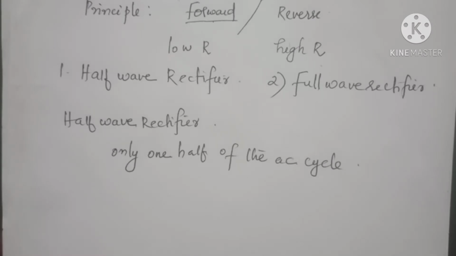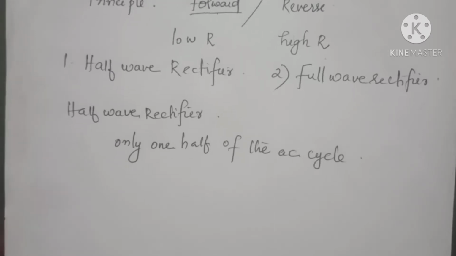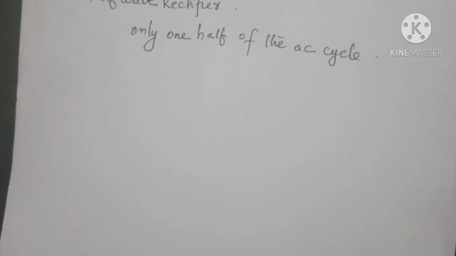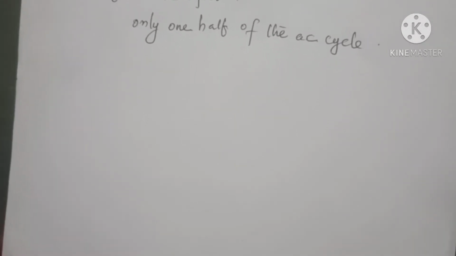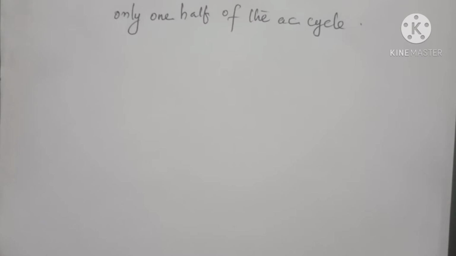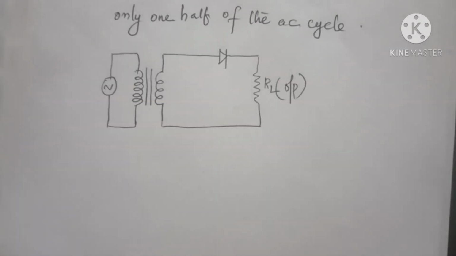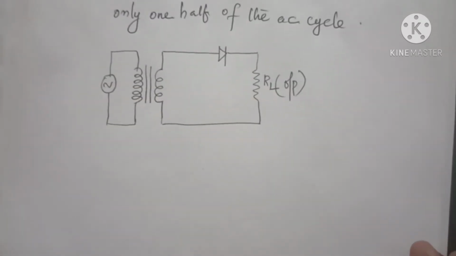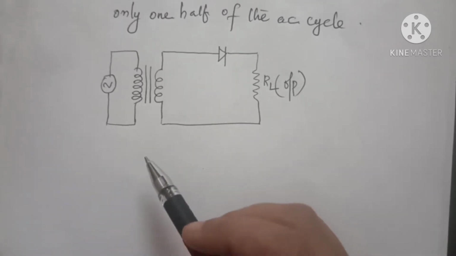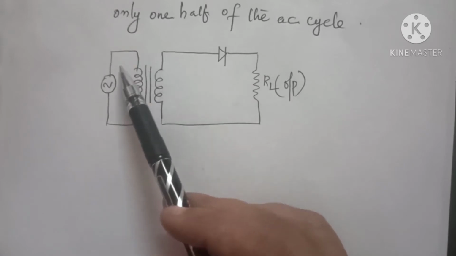Okay, so first we will discuss the circuit details with the help of circuit diagram. So for that, this is the circuit diagram for a half wave rectifier. Okay, so this may be new for you because you haven't studied this one.